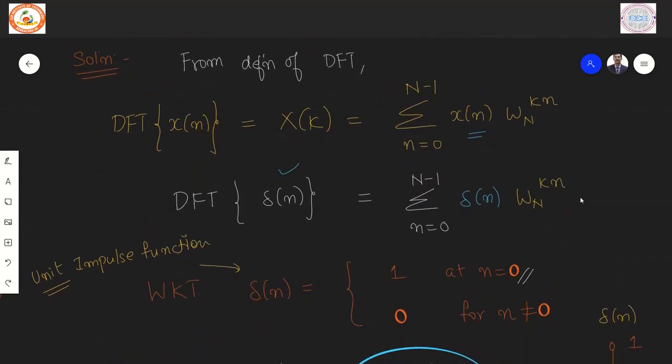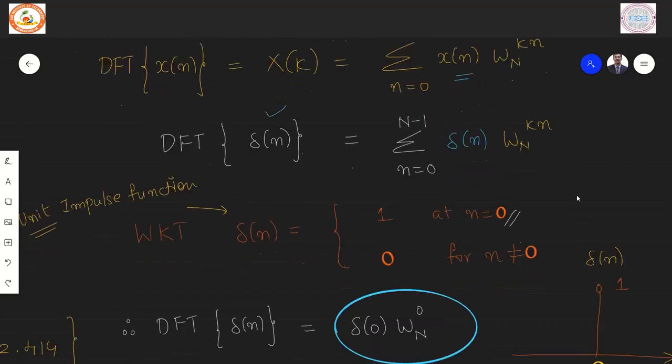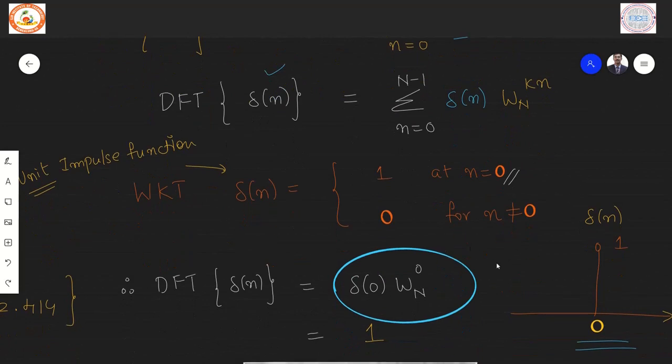Now from the definition of unit impulse function, delta of n is equal to 1 at n is equal to 0, and it is 0 for n not equal to 0. Therefore, now when you insert this particular condition in the previous equation, there is no longer need for the summation because there is only one single term at which delta of n has its existence. So it exists only at n is equal to 0 and its value there is 1.